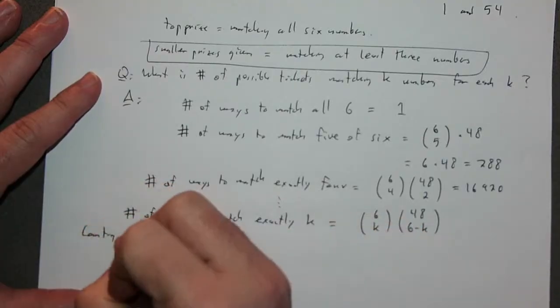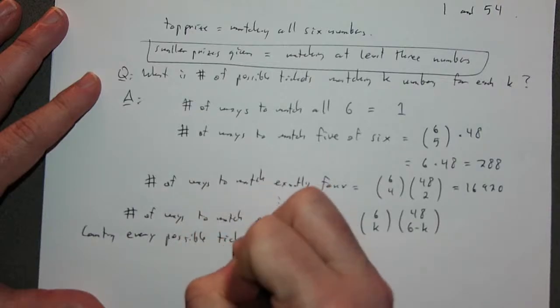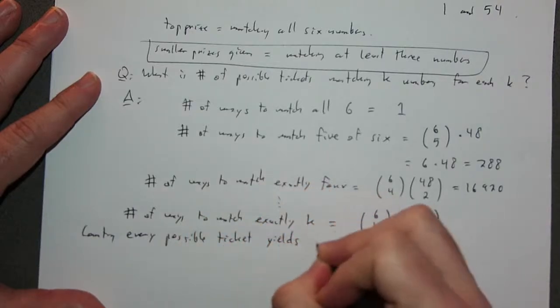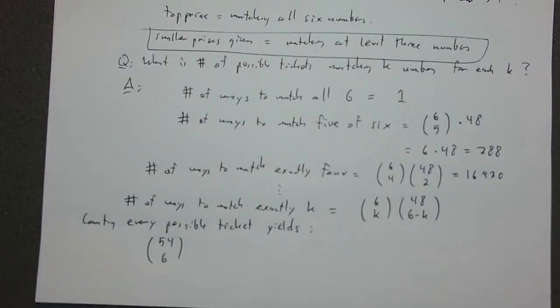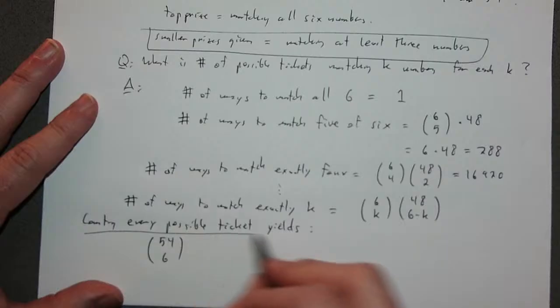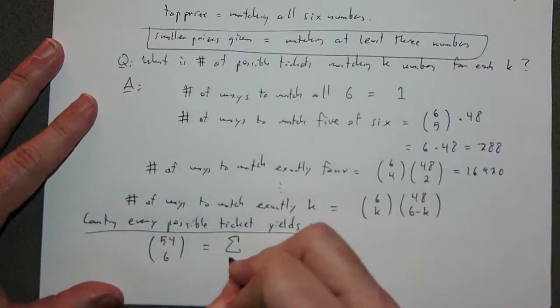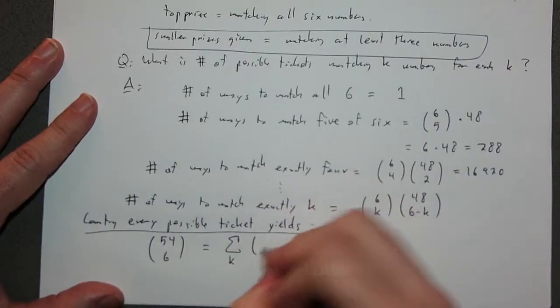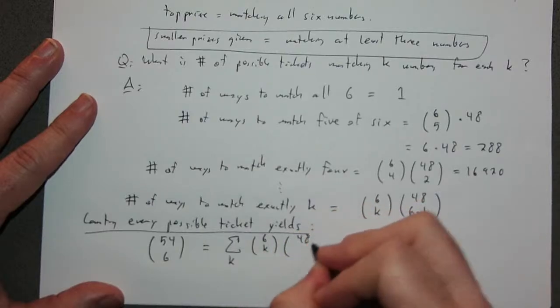Counting every possible ticket yields the following. Of course, the total number of tickets is 54 choose 6. But counting every possible ticket exactly once via this formula is just me summing over k. So this is the sum over k of 6 choose k times 48 choose 6 minus k.